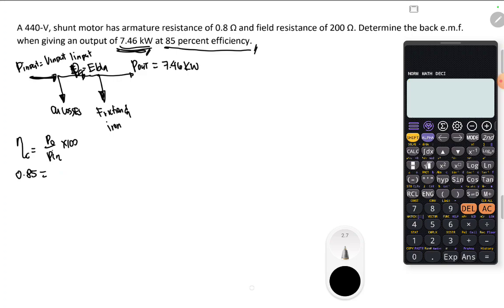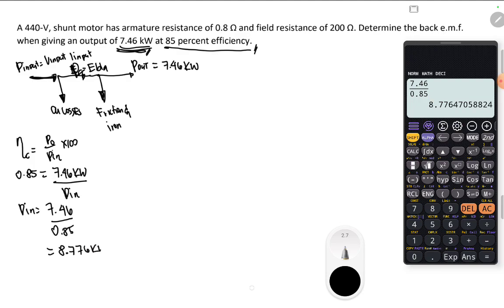So we have our power output, which is 7.46 kilowatt, all over P in. Therefore P in is equal to 7.46 all over 0.85, which is equal to 8.776 kilowatt.